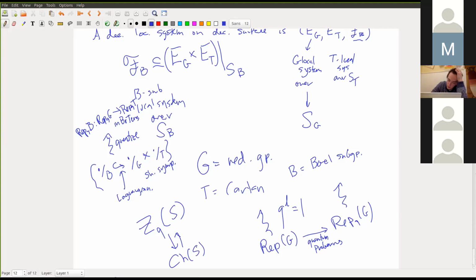Right. So indeed, moreover, the other fact that you're alluding to is that this category is not modular, but it's sort of modular with respect to this category. So this category is not invertible, but it's invertible with respect to this one.